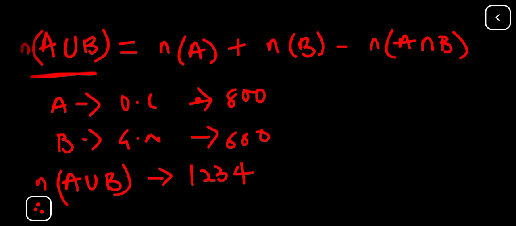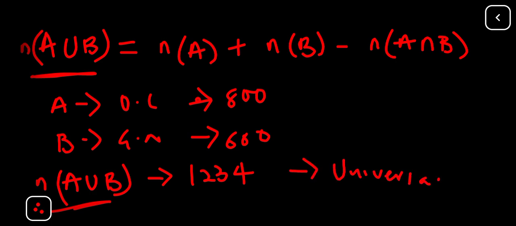Remember that the universal set here is the same thing as the union because they did not give us any other value or any other element. For example, they did not tell us that there are other students that did not come for any of the two events. Assuming they said that, the universal set would be different from this union here. But since they didn't say that, the union is the same thing as the universal set.